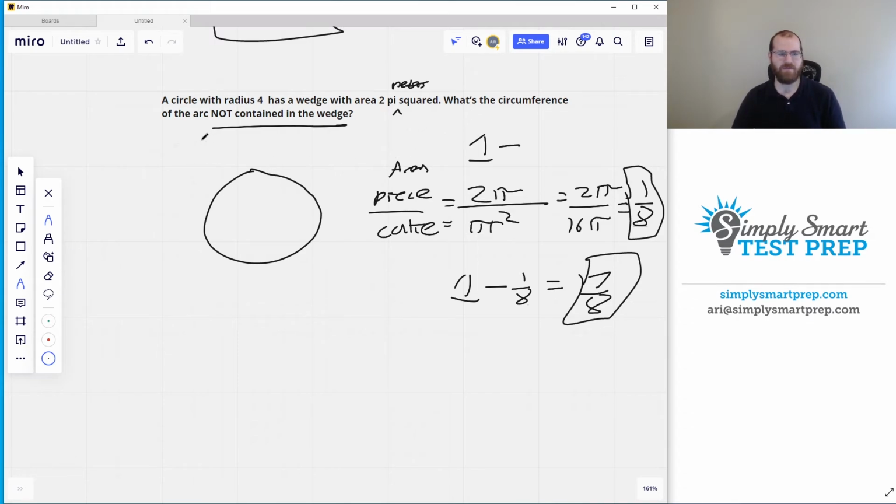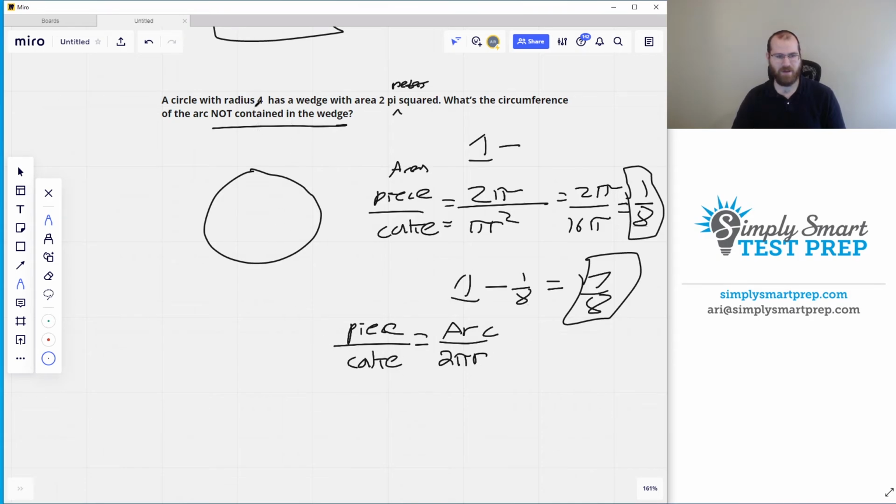What's the circumference of the arc not contained in the wedge? Okay, piece over cake. The arc is x, equal to x. And then the cake is going to equal, you know what, I'm just going to do it like this. Arc, and the cake is going to equal 2 pi r.